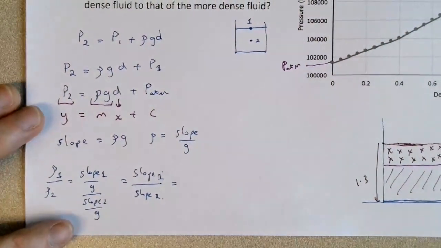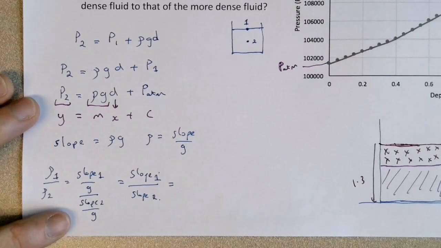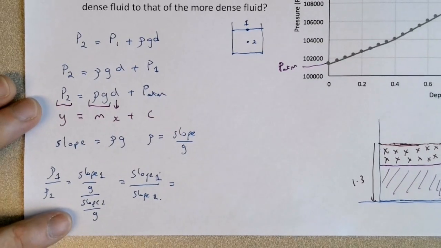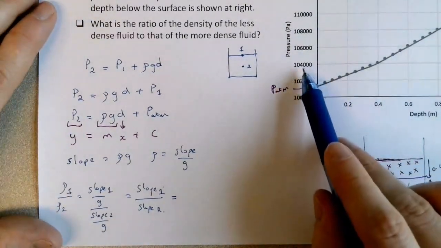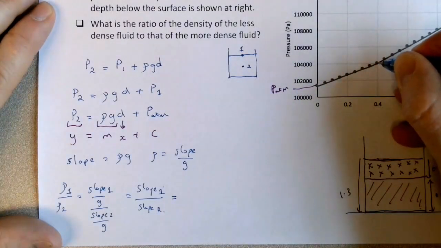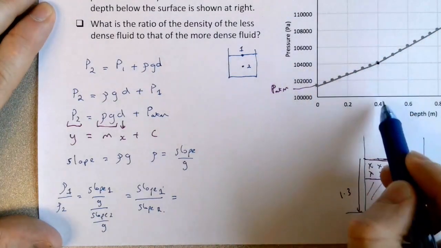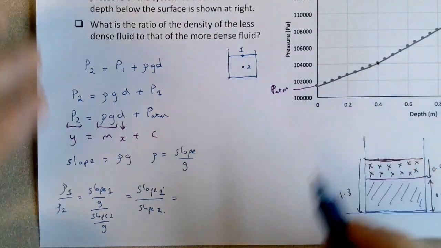So what we can do here is look at the slope for 1. There's a nice point I can pick here at 104,000 at 0.4 meters. This intercept has to be atmospheric.